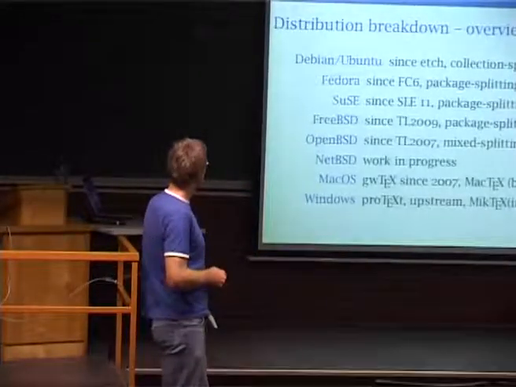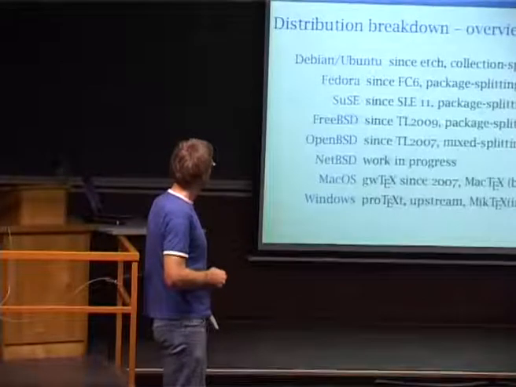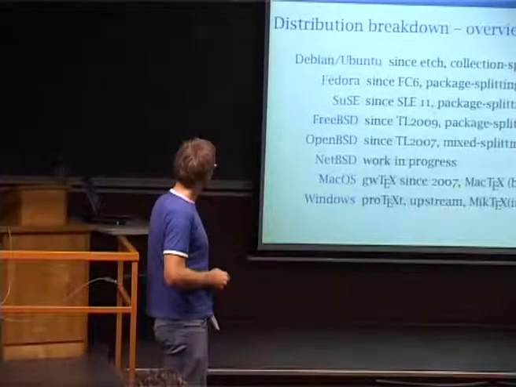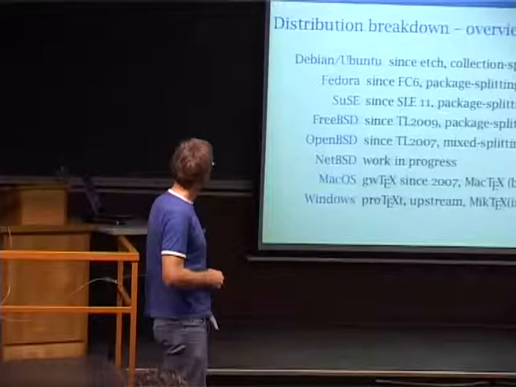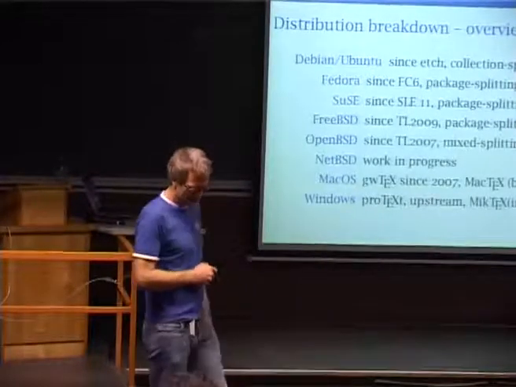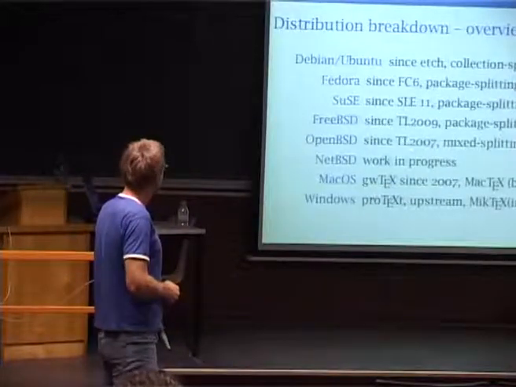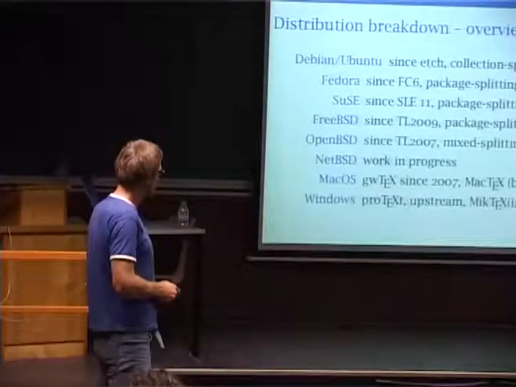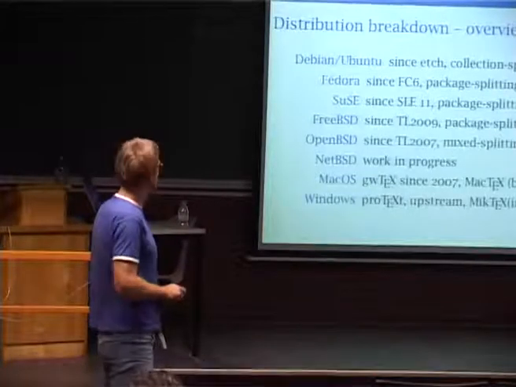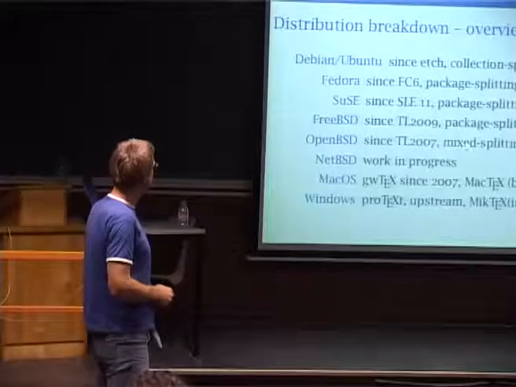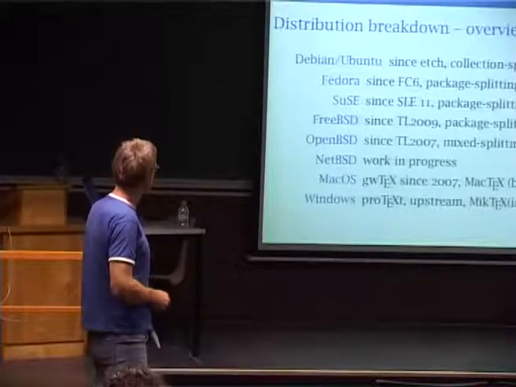SUSE since SLE, Enterprise 11, and openSUSE also use package splitting. FreeBSD also uses package splitting since 2009. OpenBSD was one of the first after Debian, in 2007, and is the only one using mixed splitting with about 4 packages. For NetBSD, there was recently a bit of discussion on our mailing list about how to do it.